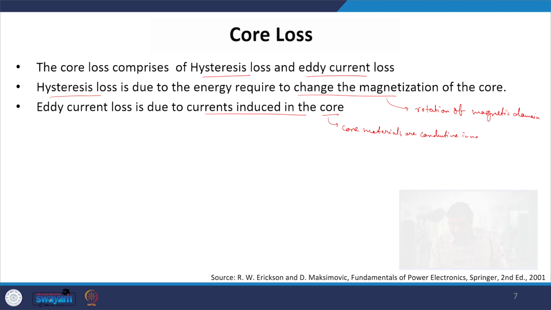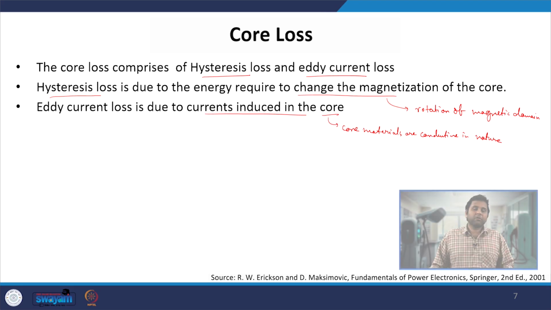So because of that, whenever the core sees a varying magnetic flux, there will be a voltage induced in the core material, and because of the induced voltage there will be currents in the core material. Those currents lead to losses, they lead to heating of the core, and that is called the eddy current loss.